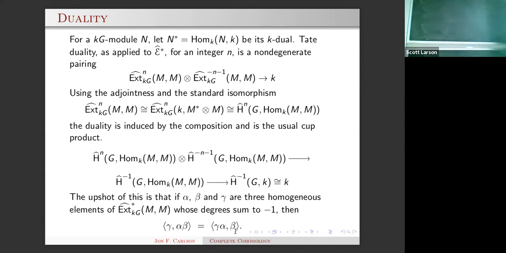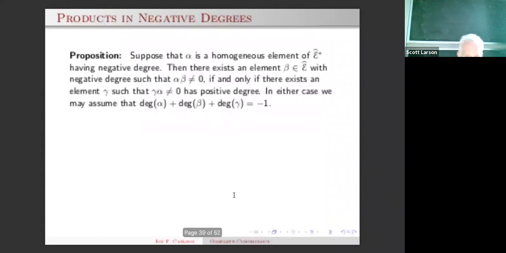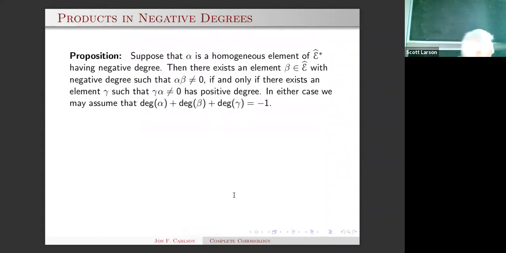In other words, this is just an associative statement that I can take that alpha across and do gamma with alpha first and then with beta. And it's all because this Tate cohomology is given by this product. Now that gives you a very nice little result, which we use quite well.